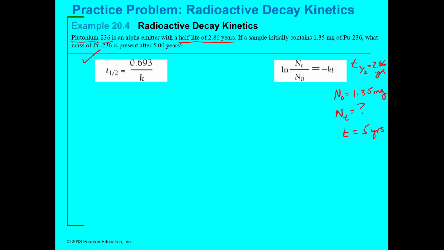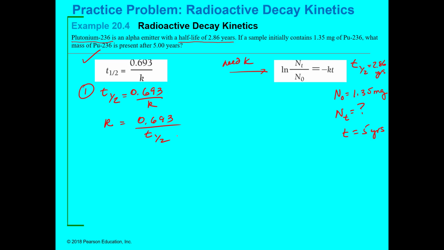So the first step I do is I'm going to plug into this first formula, 0.693 divided by K, because I need K for the formula to find out actually what this N sub T is, right? So I rearranged this to K equals 0.693 divided by T1/2. I just rearranged that formula.